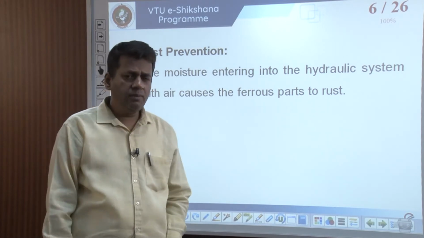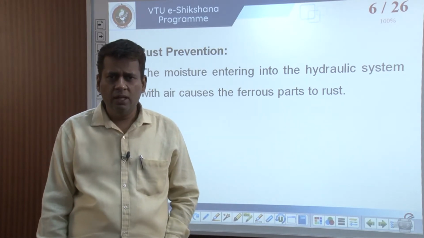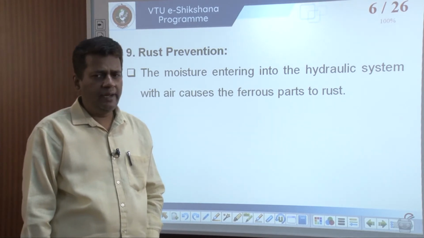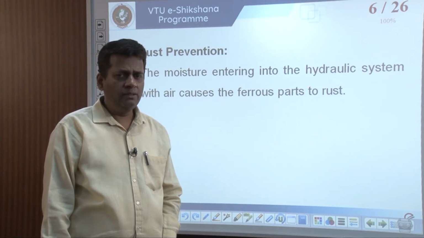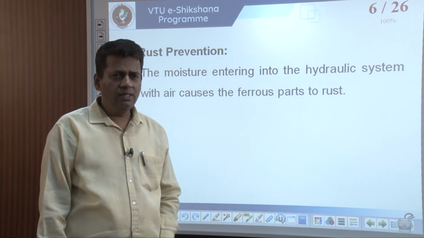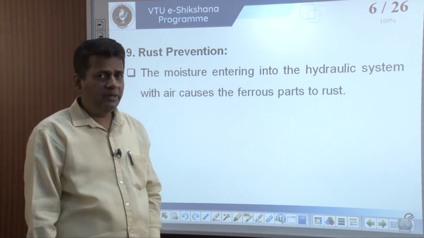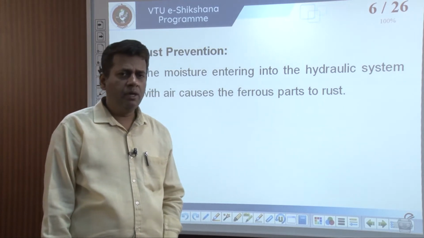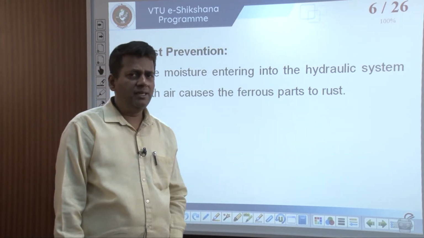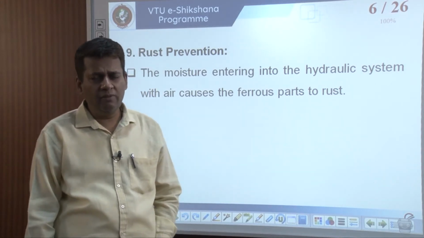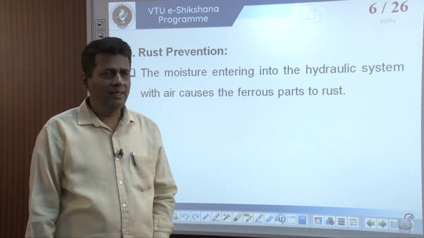Hydraulic systems are frequently interacting with metallic surfaces. If the metallic surfaces are exposed to atmosphere as well as moisture, it also results in contamination of the hydraulic fluid itself. So, rust prevention is very important because it results in the transfer of rust and other oxides to the hydraulic fluid itself, which results in what?